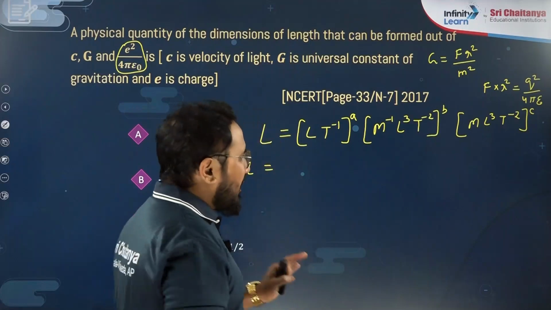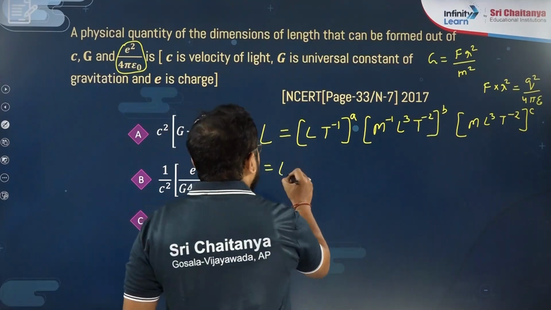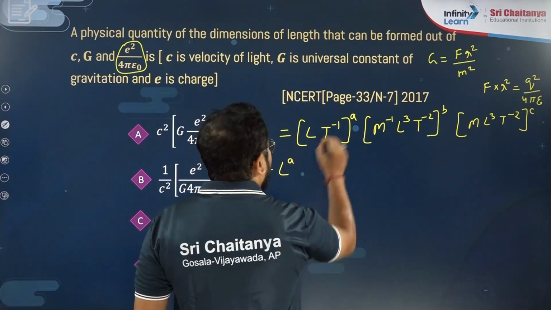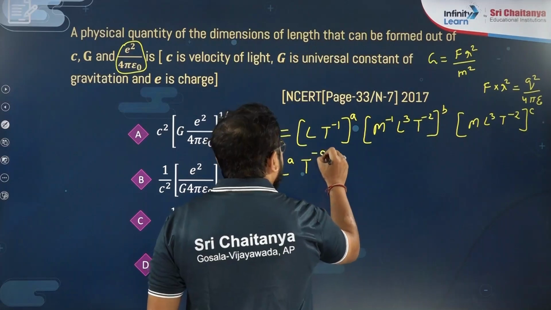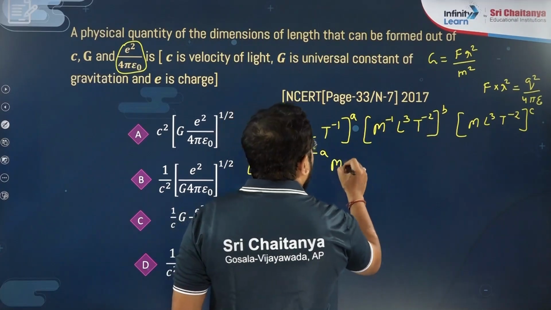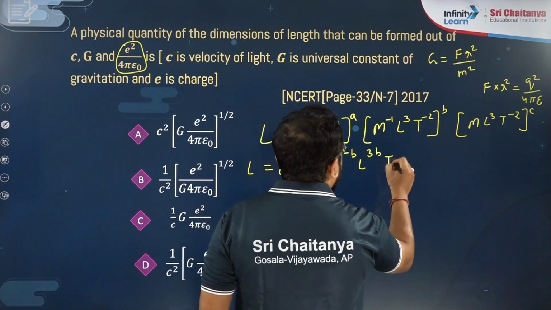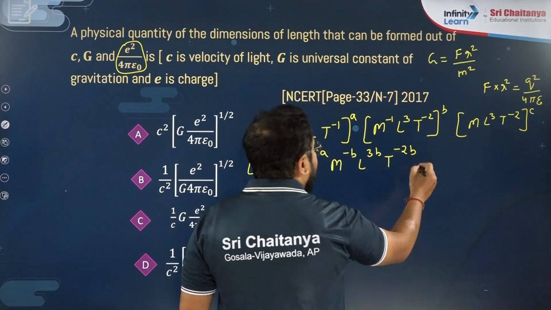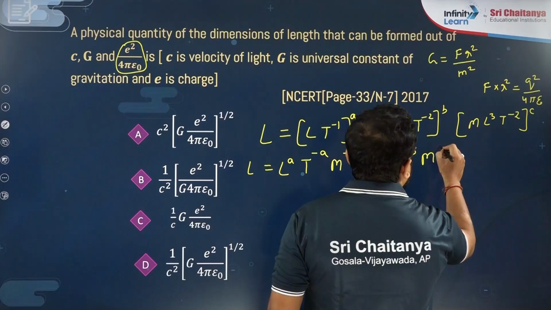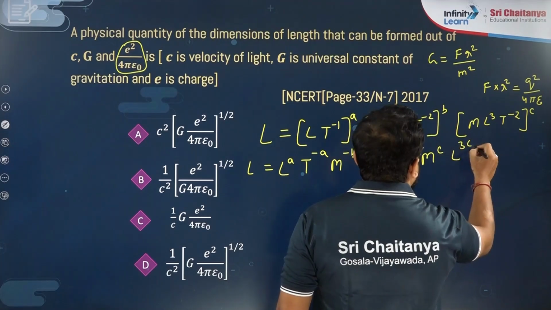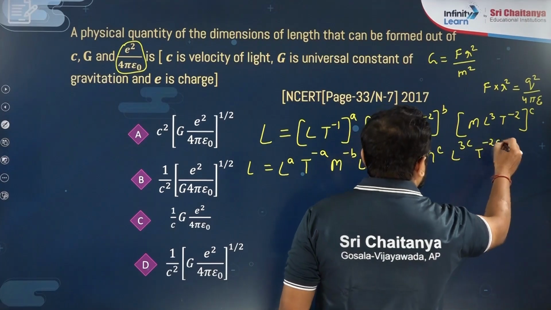So we are going with the fundamental method. What is the fundamental method? Multiply: M to the power A, T to the power minus A, M to the power minus B, L to the power 3B, T to the power minus 2B, M to the power C, L to the power 3C, T to the power minus 2C.